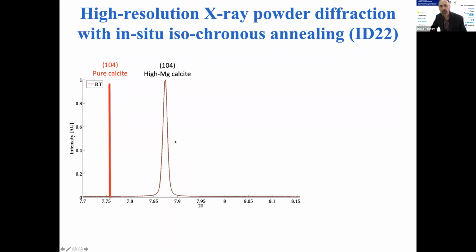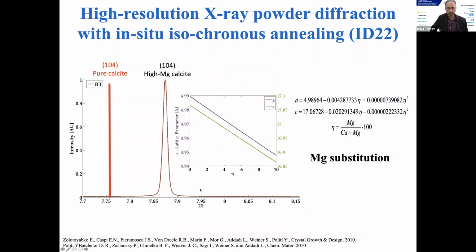The next thing I would like to show you is if we go to high resolution powder diffraction, you can see here the 104 peak of the calcite. If it was pure calcite, the diffraction peak should be in this position. However, you see this large shift in the diffraction peak, and this is due to the fact that it is actually rich in magnesium. So it is high magnesium calcite.